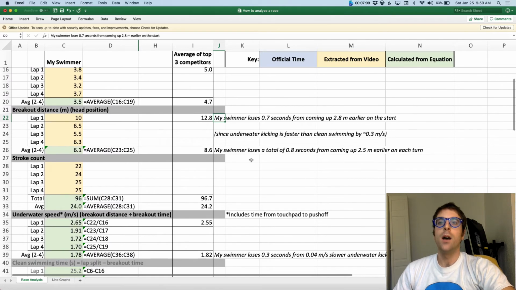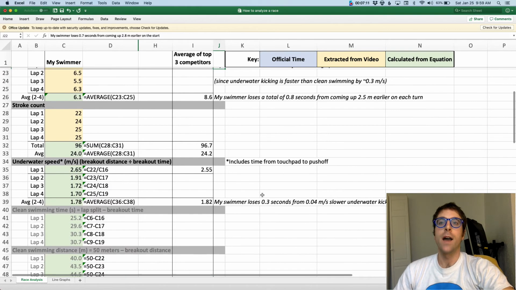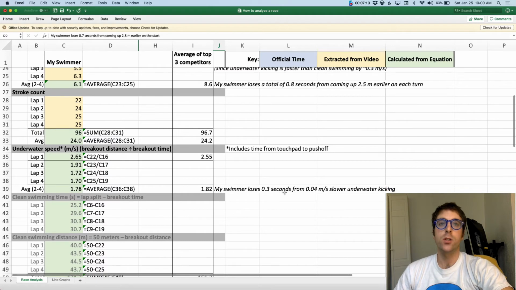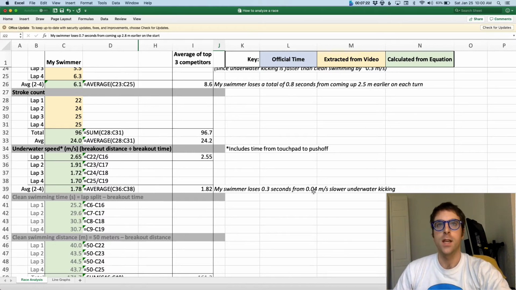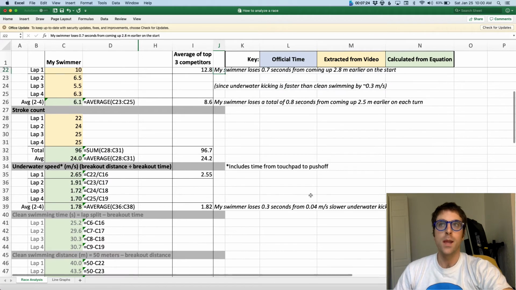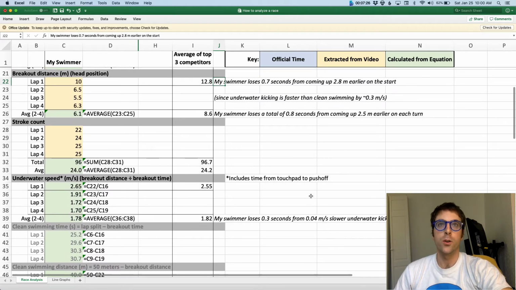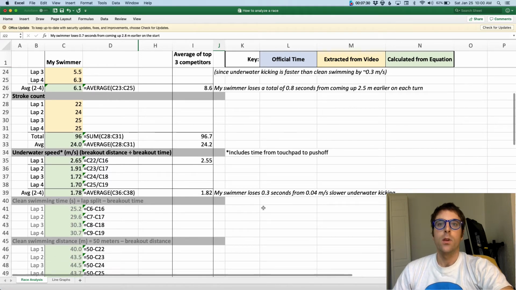When you add up the fact that her underwater speed was actually about 4/100ths of a meter per second slower, that sets her back another 0.3 of a second. So basically on her underwaters, she's losing a total of 1.8 seconds.